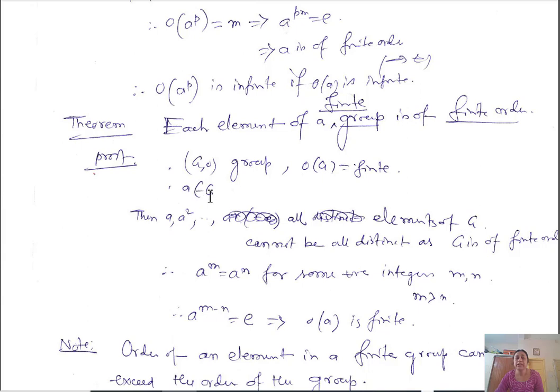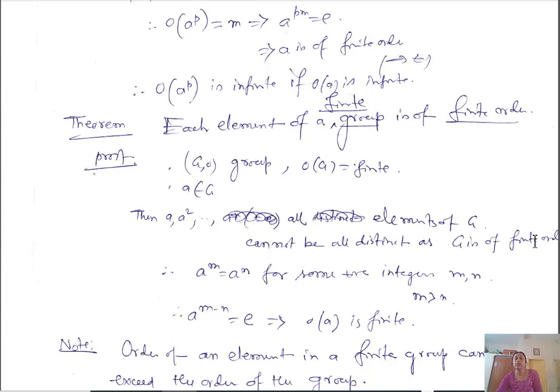If a is any element, then if you take the composition of a with itself, a composition a, that means a square, then a cube, a to the power 4. All these powers are also elements of G. But since this is a finite group, it cannot go on infinitely many times.